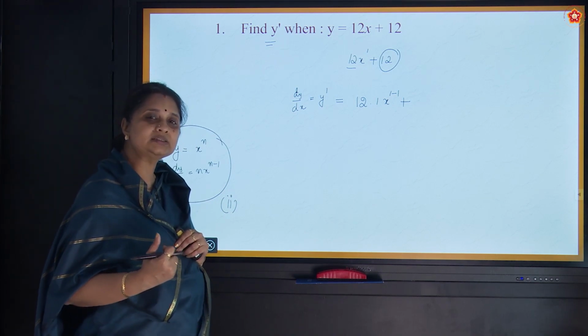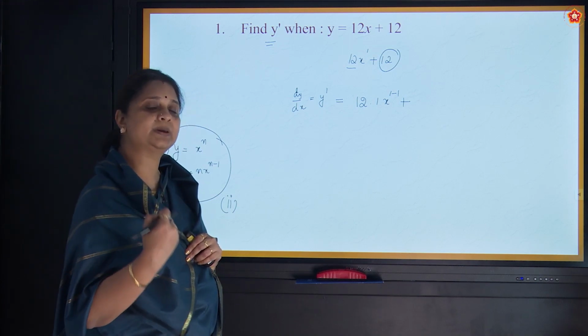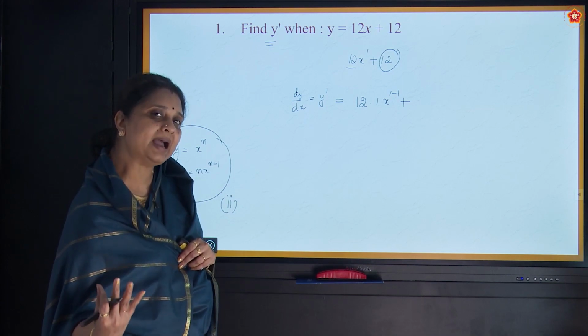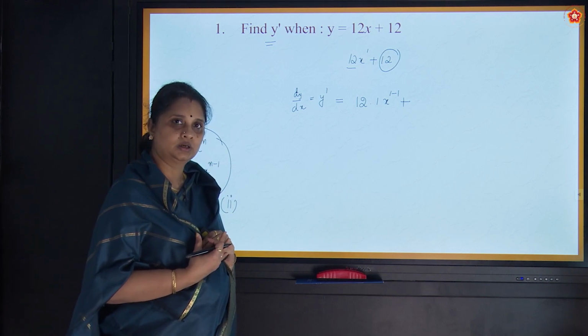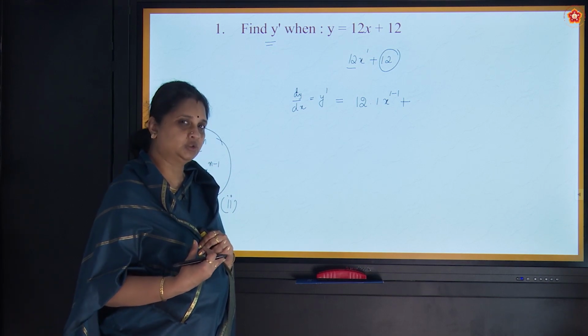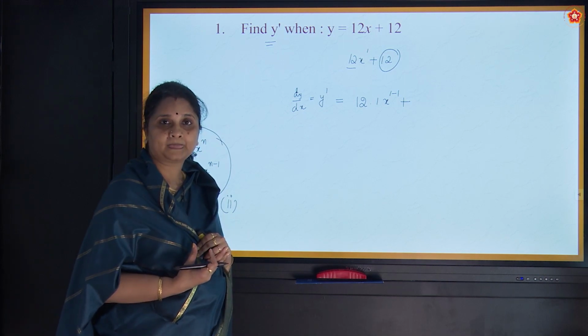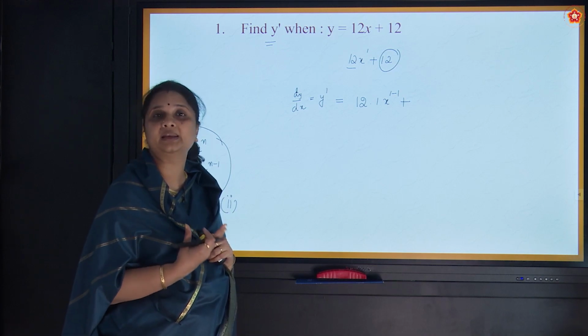Why? What is the meaning of a derivative? It's the rate of change of a variable with respect to another variable. So when you alter a variable, what impact it has on the other variable is called as differentiation. So when you alter a variable, do you ever think there is a change on a constant? It's not accompanied by a variable. So there's definitely not going to be any change, right?